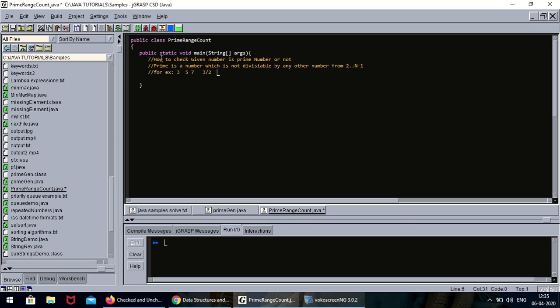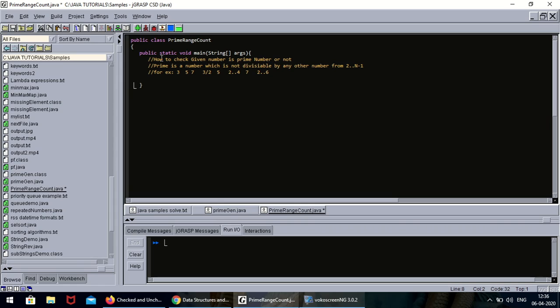And let's take 5. 2 to 4. 5 is not divisible by 2 or 3 or 4. Similarly for 7, 2 to 6, not divisible by any of these numbers. So that number is called a prime number.